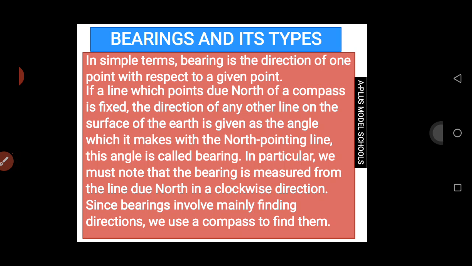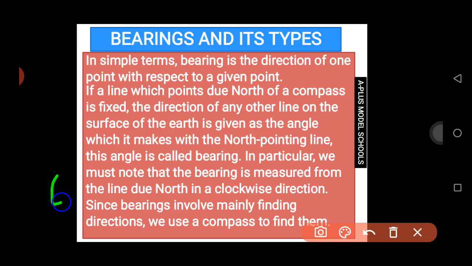Now let's proceed to bearing and its types. In a simple sentence, bearing is the direction of one point with respect to a given point. It means when you are given a point, the bearing is the direction of one point to another point.